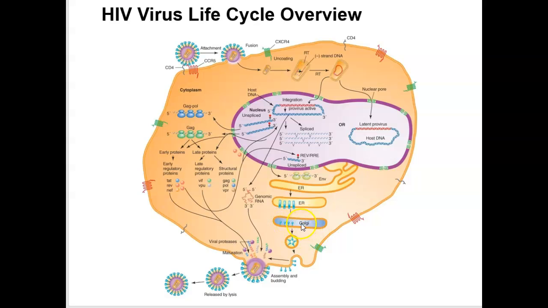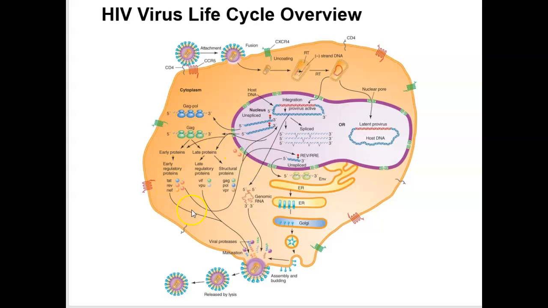In the Golgi, it's really important that a cellular protease is going to cleave GP160 into GP120 and GP41. If that cleavage doesn't occur, the virus is not infective. So the glycoprotein gets cleaved and glycosylated, so it gets decorated with sugars. Those sugars are also important for antibody recognition or lack of antibody recognition. And then those glycoproteins move to the plasma membrane, where they wait for all of the other components to come together.